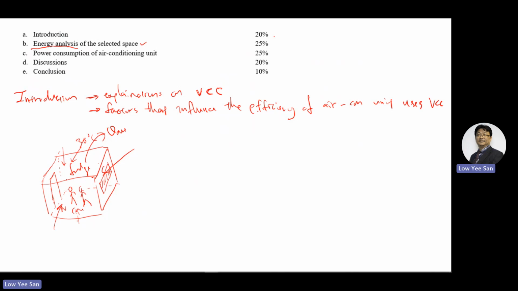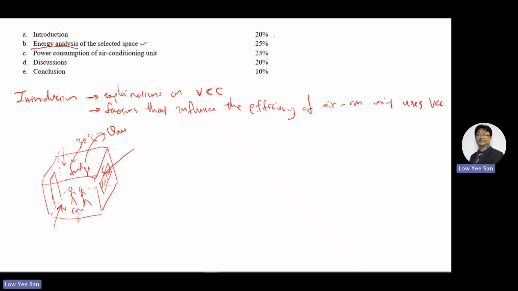You get me? Because it cannot be that everybody gets the same marks for the assignment, right? So that's why I'm just telling you enough. Don't base on exactly 100% what I'm telling you. If you want to get a better mark, you need to do more. So have a mindset like that.